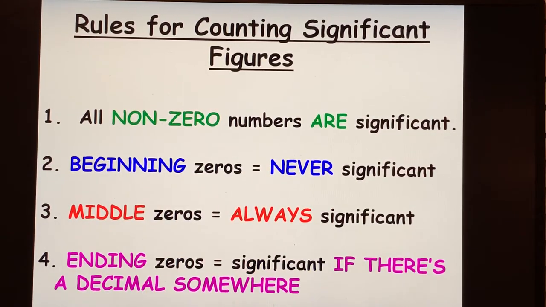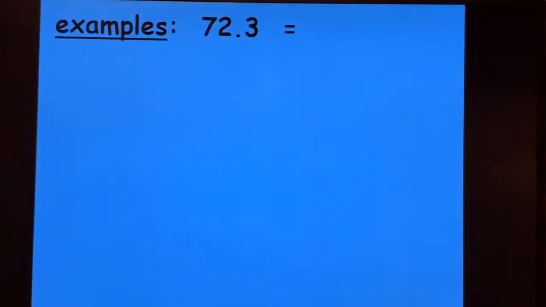And 4, ending zeros are significant if there's a decimal somewhere. If there's not a decimal, then those zeros are not significant. They're not meaningful for precision. So here's some examples. 72.3, 3 sig figs.